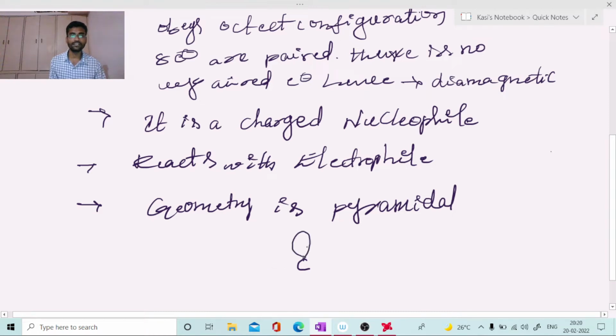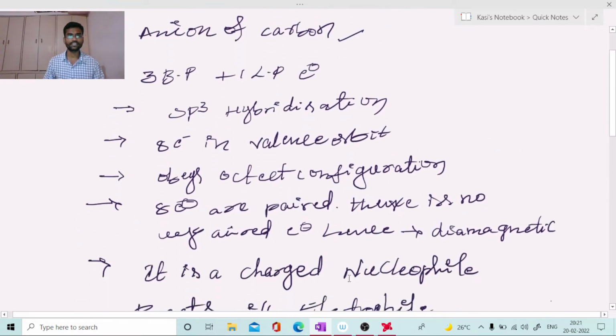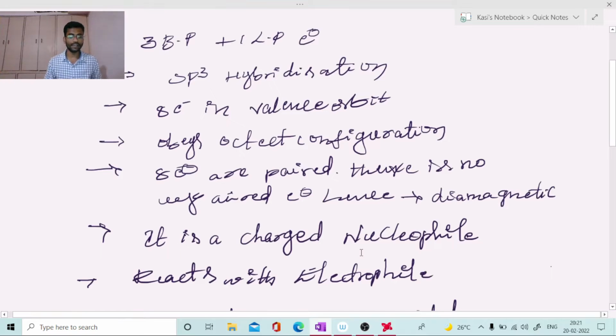Here it has the negative charge and 3 bond pairs of electrons. Then this structure is known as the pyramidal geometry. So this is the introduction about the carbon anion.